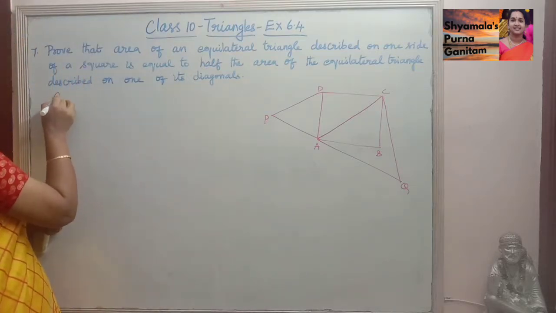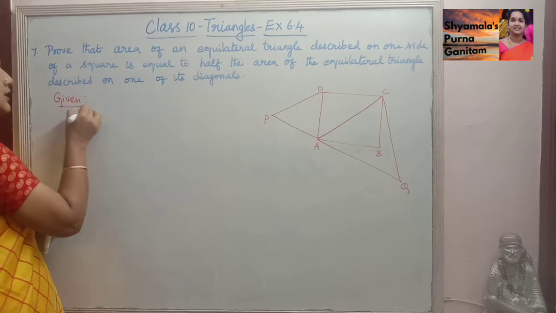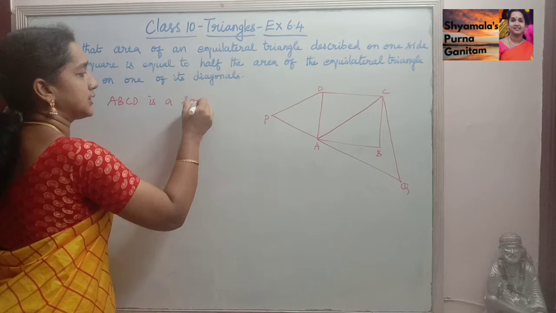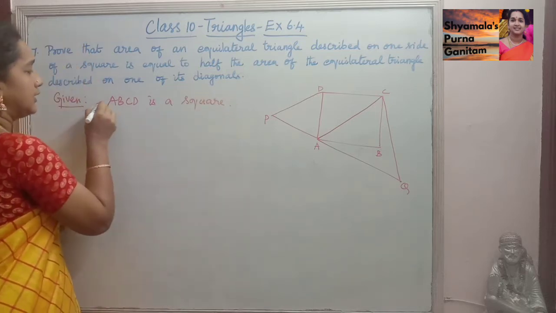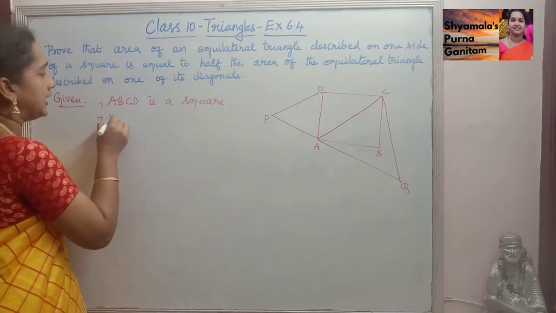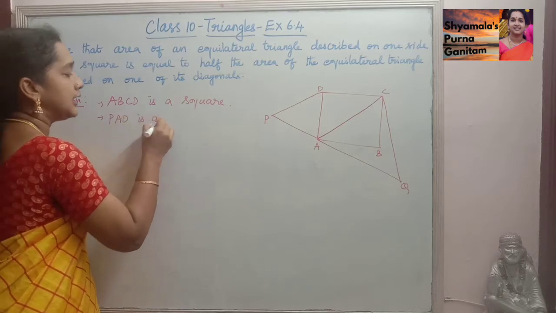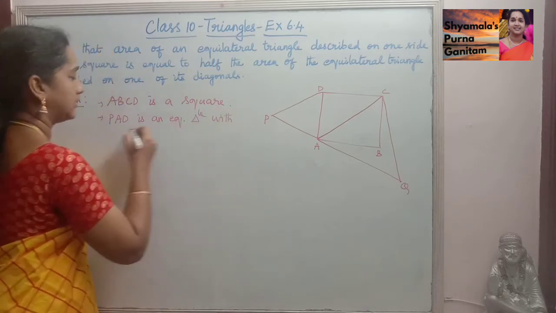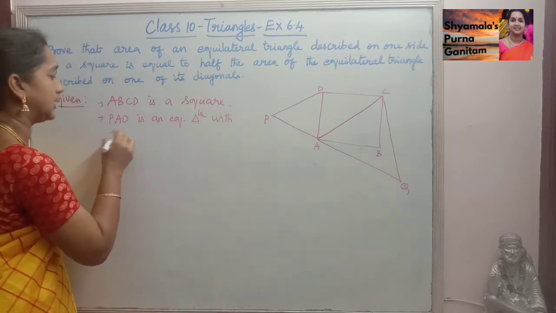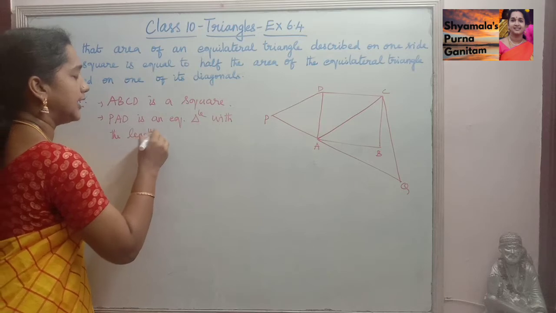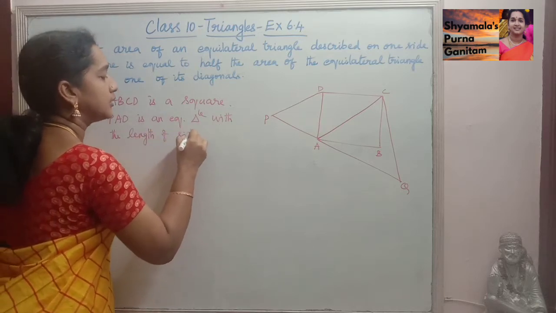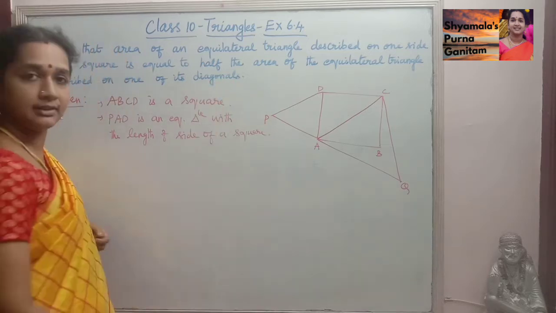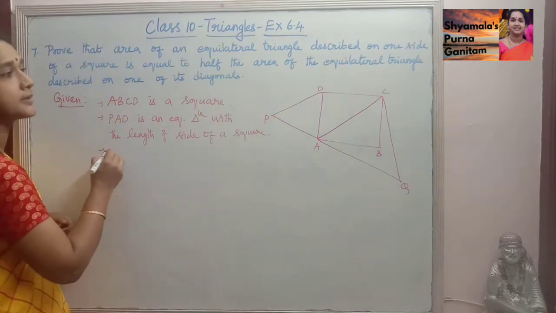Okay, so first we will write what are all the things given. Given: ABCD is a square. PAD is an equilateral triangle with the length of the side of the square as its side.